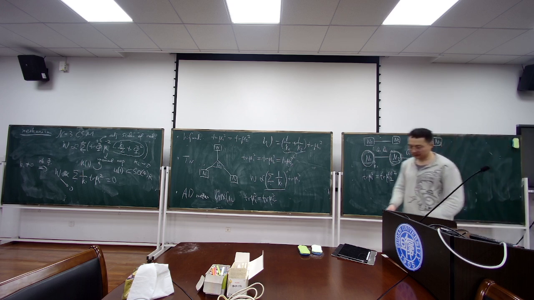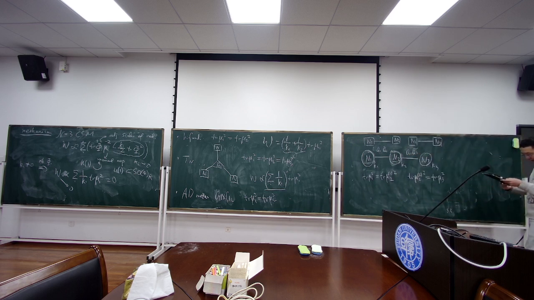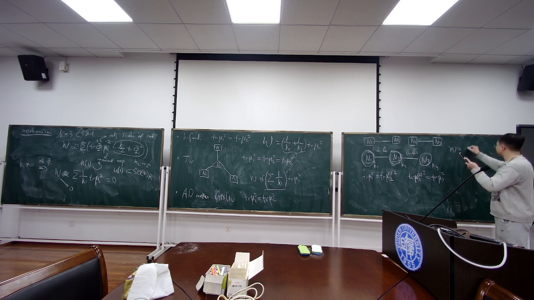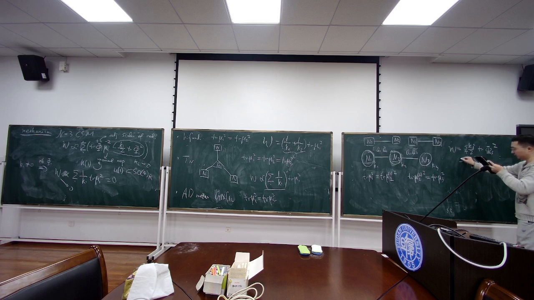Then in this setup, we start with this superpotential, sum over i of Ki trace phi i square, and then we have K1 trace phi 1 mu 1 plus trace phi 3 mu 3.